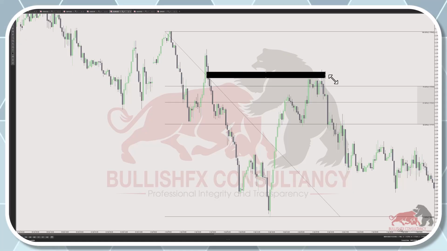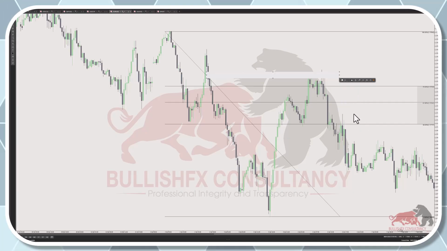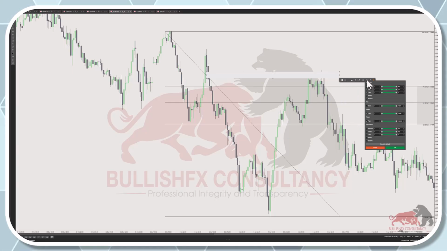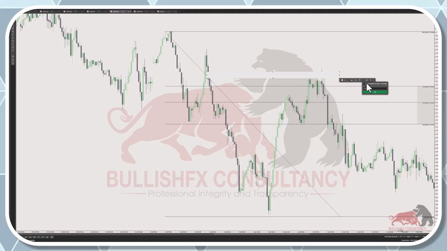Right there. Okay, fair value gap. You see, that's where it found resistance. So you just need to be in a position to understand your market structure.